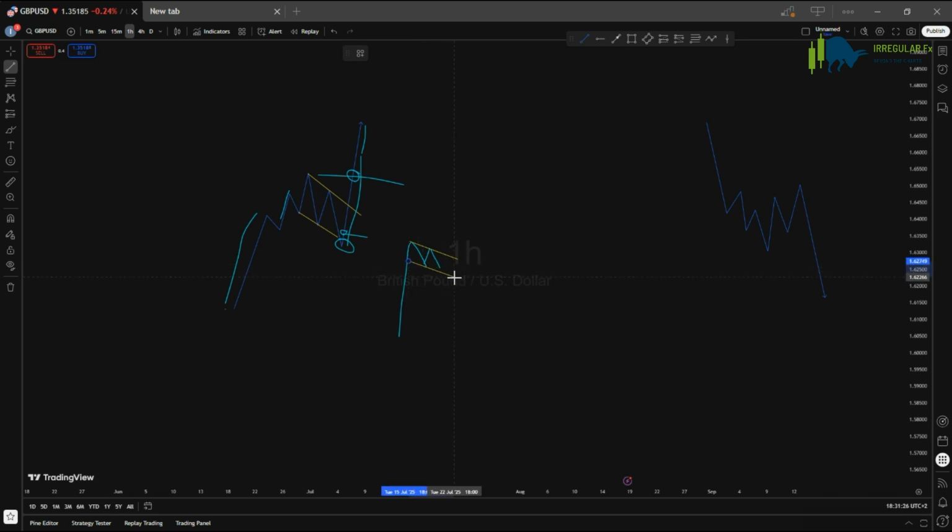Then you do what? You wait for a third touch here. So when the market drops and gets to this point, when it reverses and pushes up, this is where you take your entry.